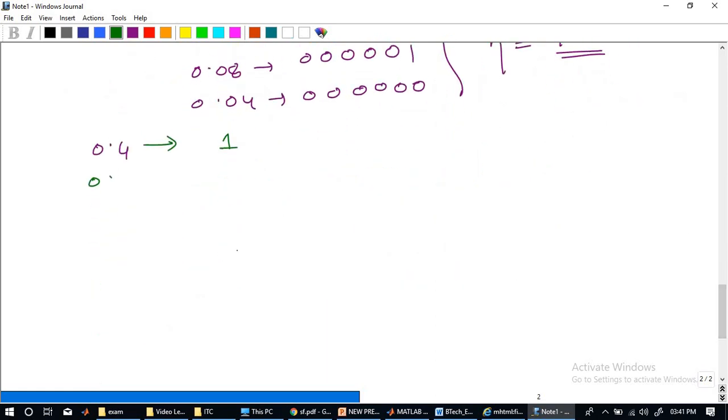Okay, anyone ready with the answer? He is ready. Anyone else? Talking about that second option, 0.2 and 0.12 we are taking as one segment. 0.4, as he said, is 1. 0.2, 0.12, everyone agrees to that.